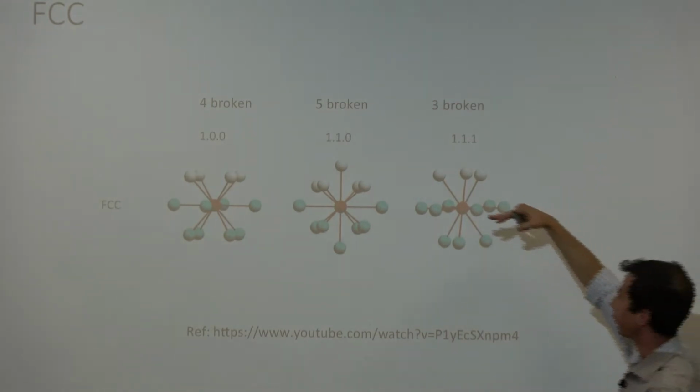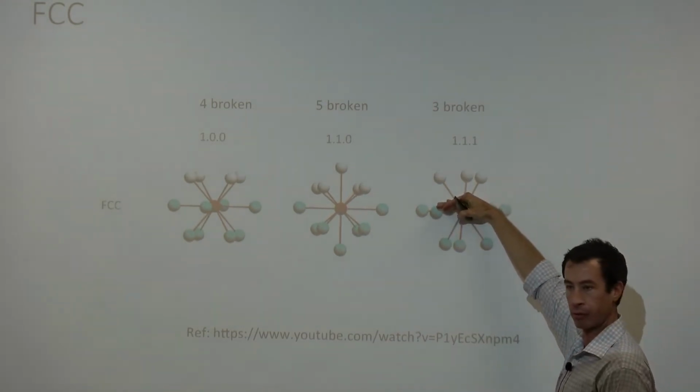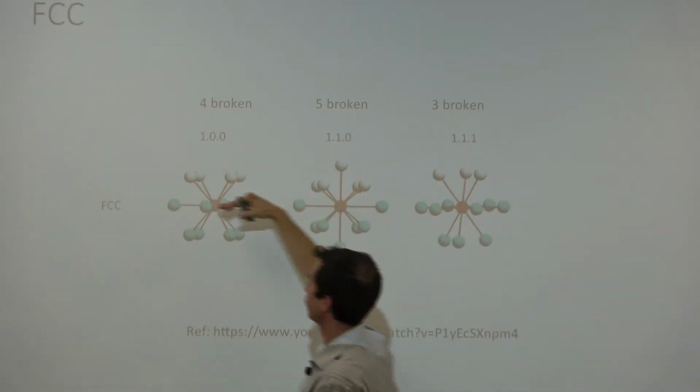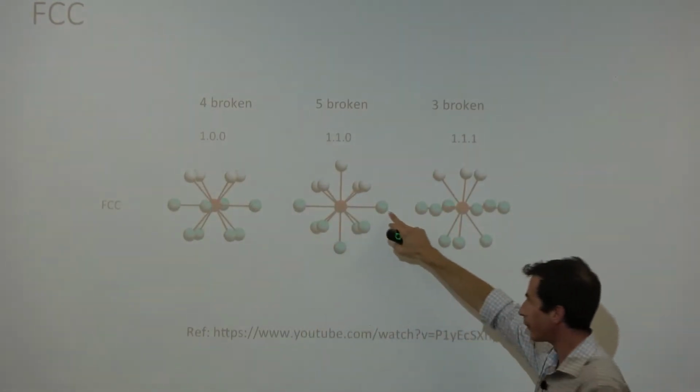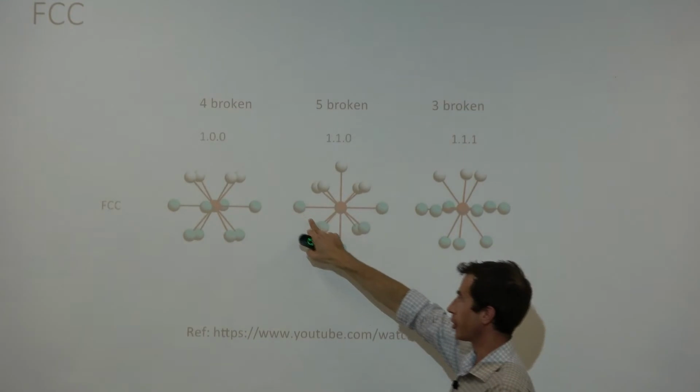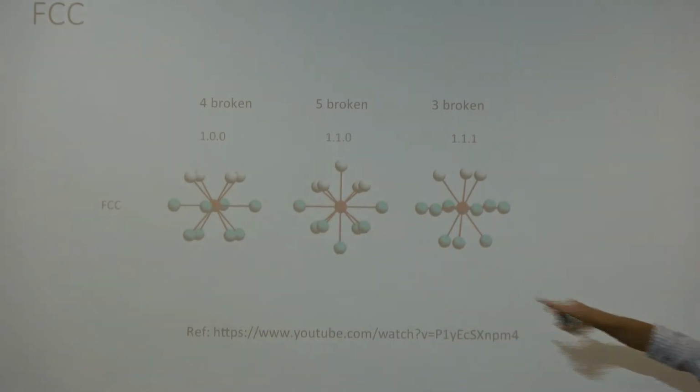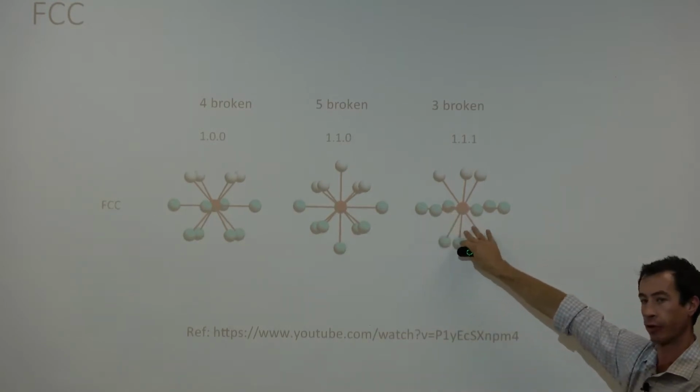Imagine that we're putting a plane through here into the board. And so these then are the remaining nearest neighbors. So the most stable one is 1, 1, 1, right? Because it has the most remaining neighbors.